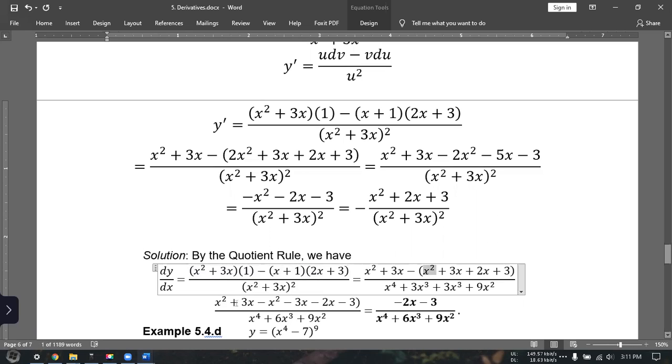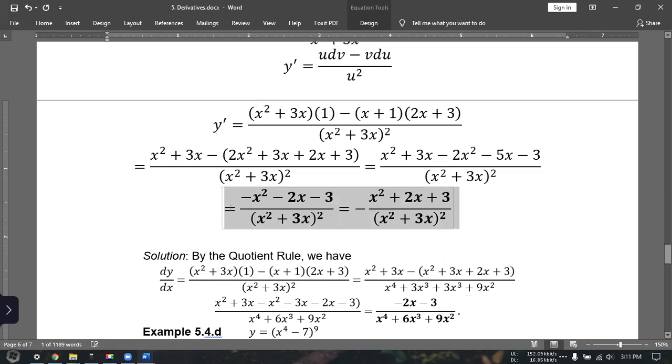So the solution got messed up here. These are the right solutions. Take note of that. That is your quotient rule.